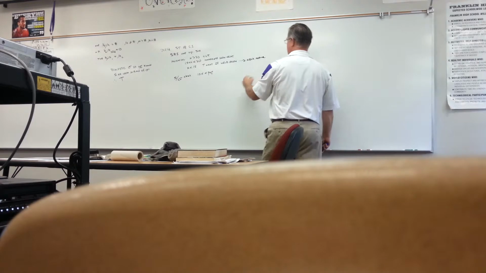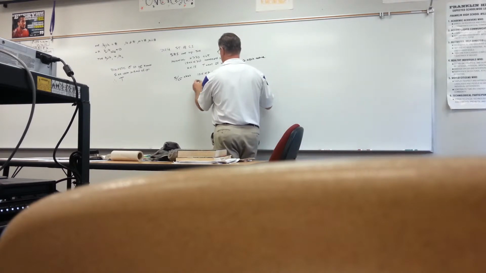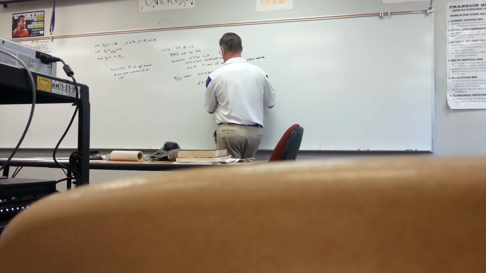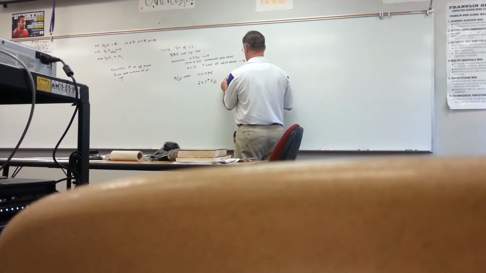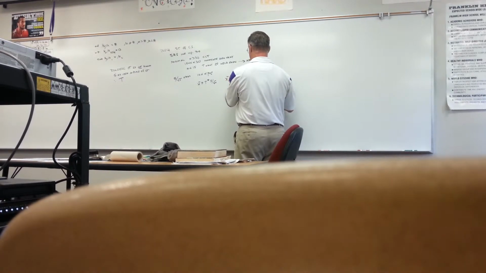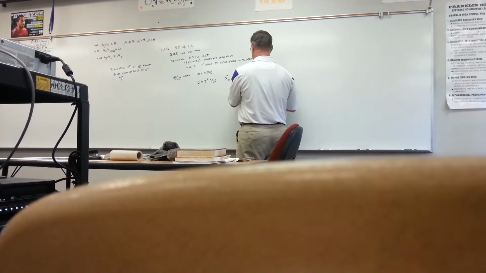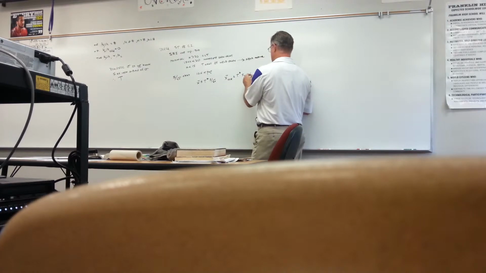Calculations for a confidence interval would be x bar plus or minus T star S over square root of n. For matched pairs, x bar are the differences, plus or minus T star S of the differences over square root of n.